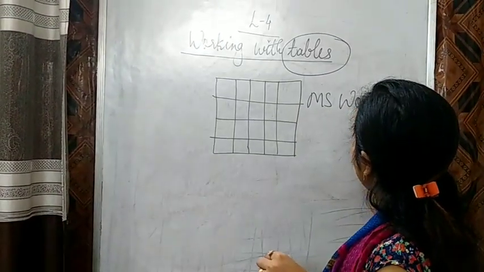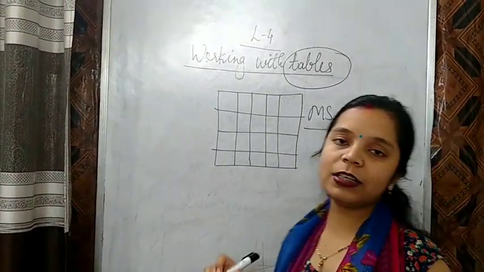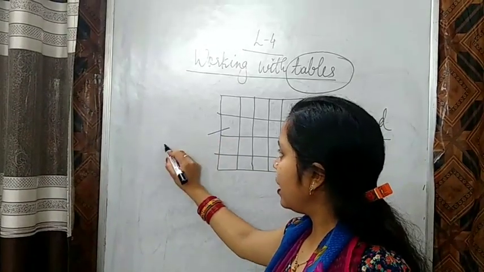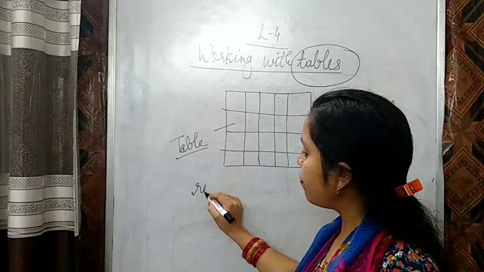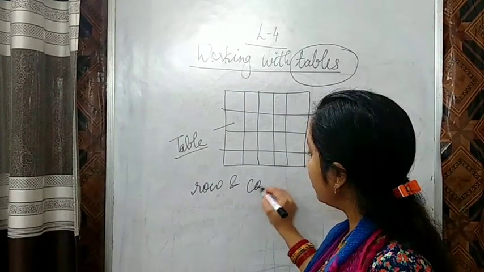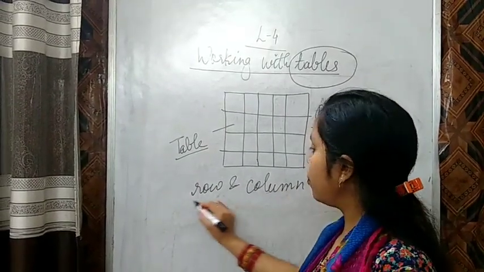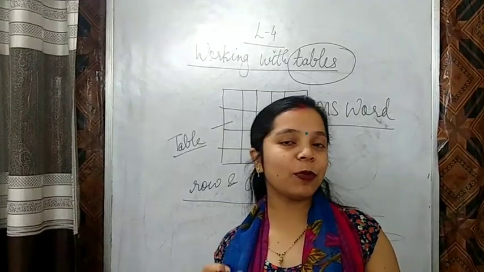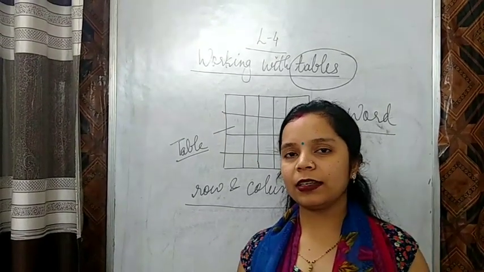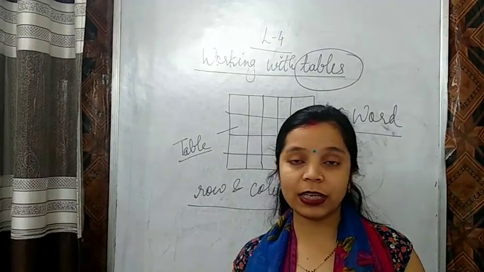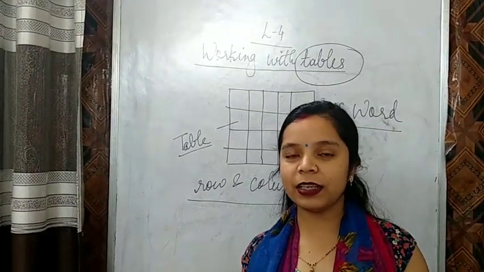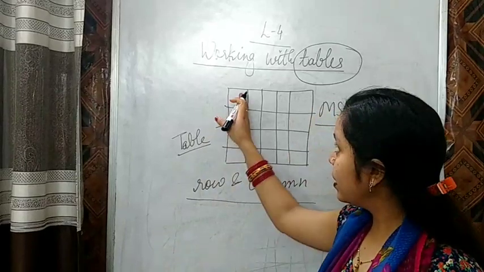So MS Word provides you a facility to create table. In this, you can organize your data in the form of rows and column. Like if you have to enter any data in the form of rows and columns, like in schools, if you have to enter the record of the student's name, father's name, mother's name, phone number, so you have to make a table like this.